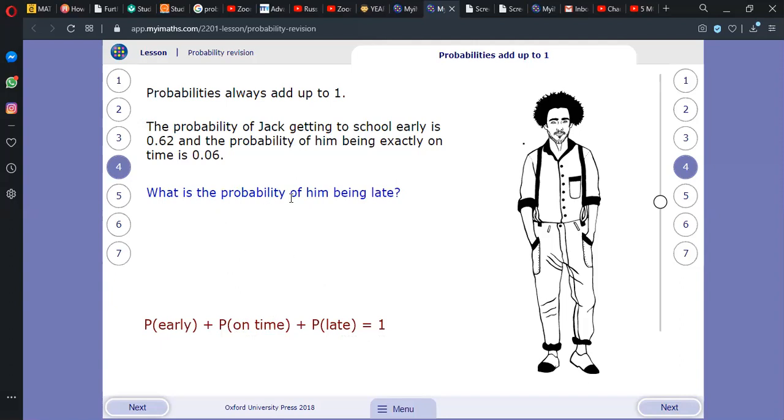What is the probability of him being late? So we are looking for late. Definitely you must know that the probability of his lateness, from what we just wrote out, is equal to 1 minus the addition of the probability of him being early, plus the probability of him being on time.